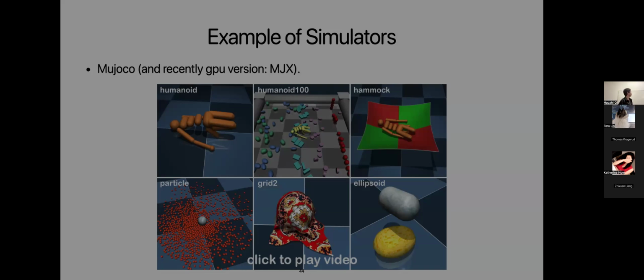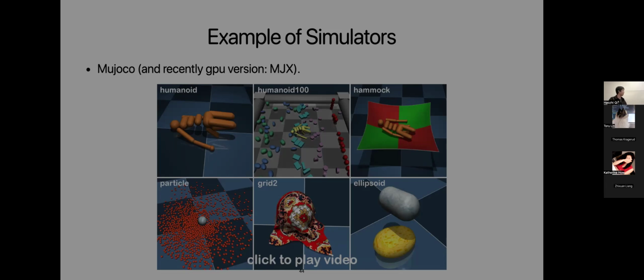I also want to introduce a few simulators that people are using nowadays. The first one is MuJoCo, which is very popular across different communities. I think I made a mistake on the videos, but essentially it is a physics engine that can simulate multi-body and multi-object interactions. Most people in robotics use rigid body interactions because that's relatively fast.